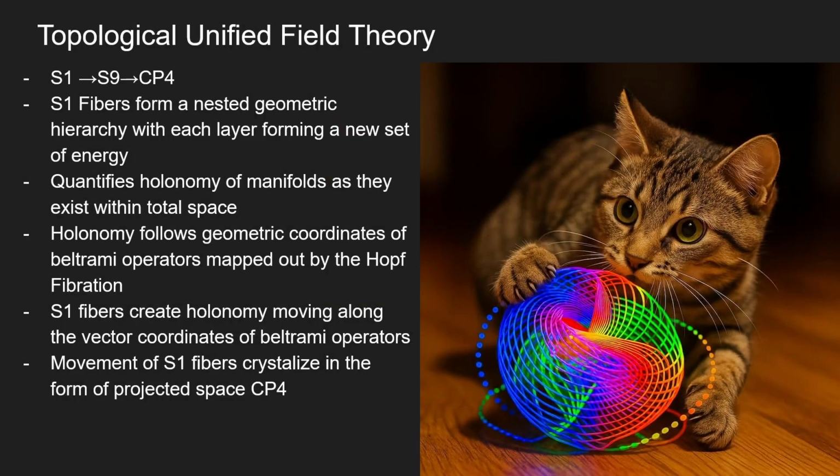So what is the Topological Unified Field Theory? It essentially posits that you have existence, which is made up of S1 fiber threads. These threads come together to form layers upon itself. And then once you get to S9, you have the totality of all of these S1 fibers.